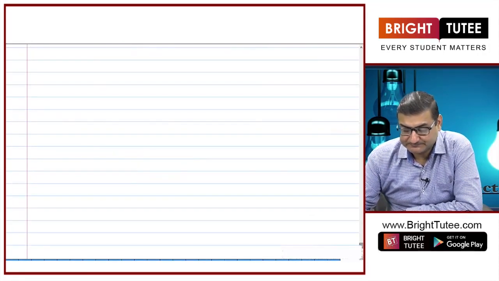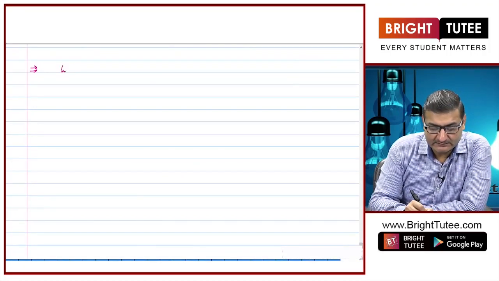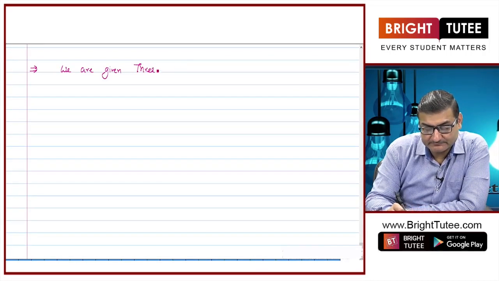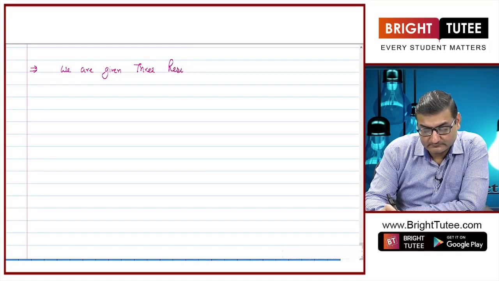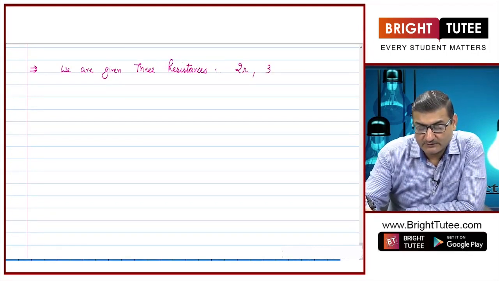Please try to relate. We are given a question where we have 3 resistances of 2 ohms, 3 ohms and 6 ohms.